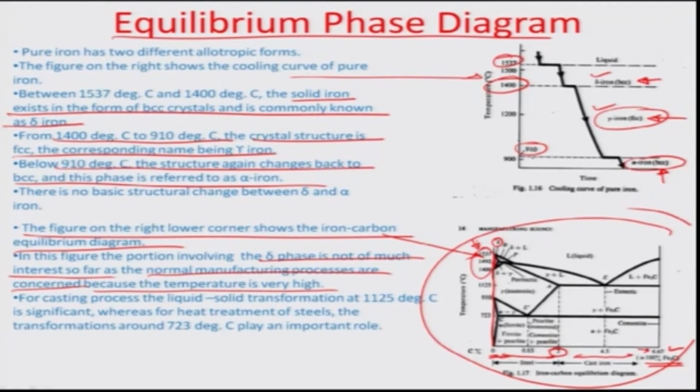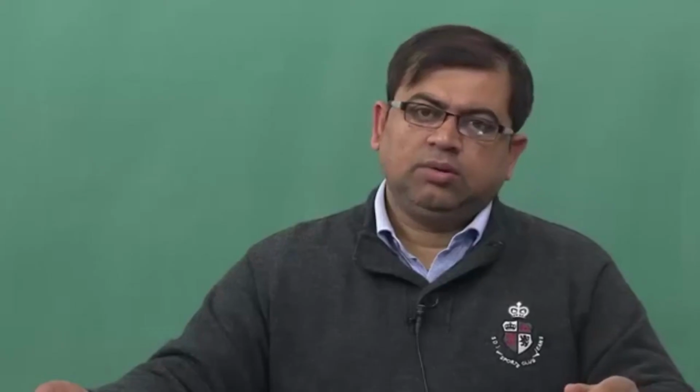Therefore, considering the delta phase in such a system from an engineering point of view may not be of much significance, but obviously the interplay between the gamma and the alpha structure would be very critical to the way that material systems behave when we talk about their phase equilibrium with respect to temperature.